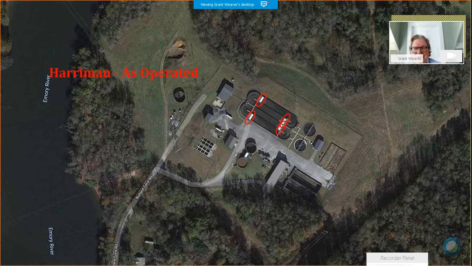I think Harriman, as is common with so many facilities, their sludge wasting is the tail wagging the dog, and I think that Ray is making ever more steps to improve his ability to waste sludge when he wants to waste sludge for process control purposes. And by boosting the dissolved oxygen for a period of time every day, I'm hoping that he can get that phosphorus to drop below 1.